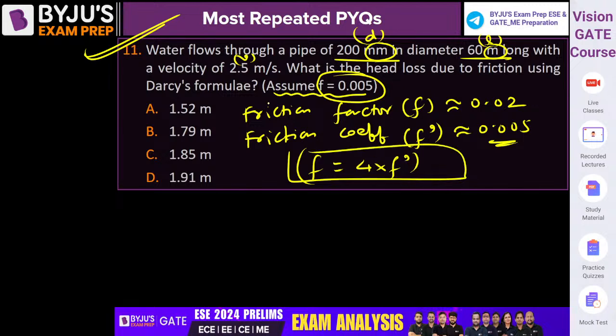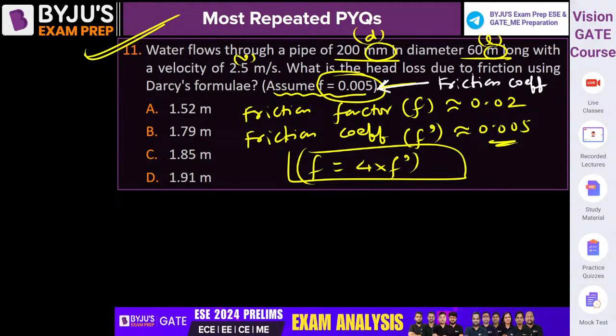That is the relation. So if the parameter which is given is friction coefficient, that is what you need to take care with the values. They may not mention, they may use the same notation. That is the problem with the engineering services.